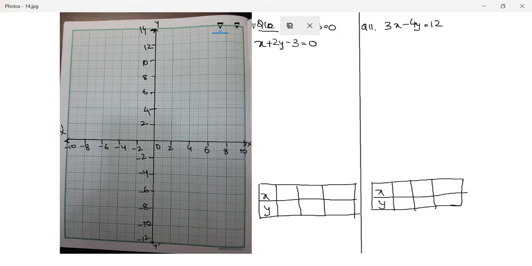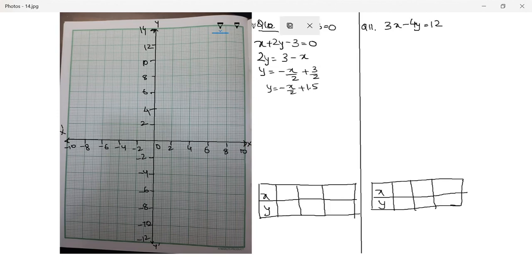So x plus 2y minus 3 is equal to 0. Let me write it in the form 2y is equal to 3 minus x, y is equal to negative x by 2 plus 3 by 2, y is equal to negative x by 2 plus 1.5.